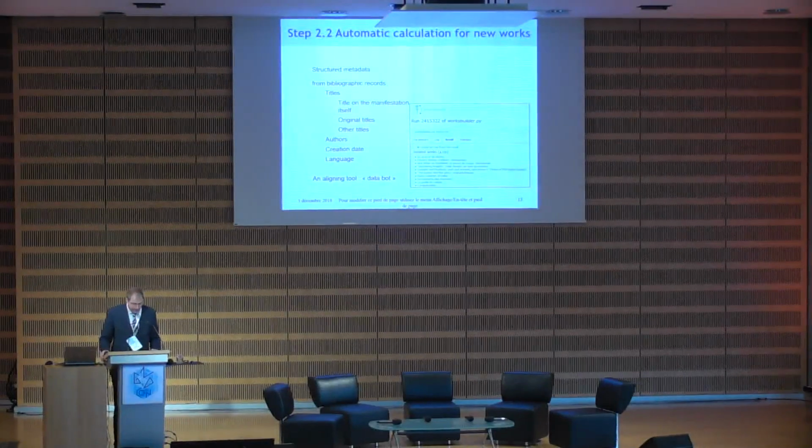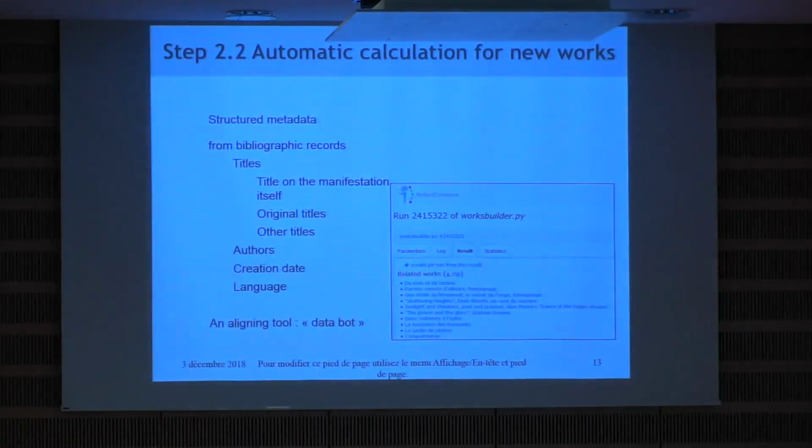To do it, we are extracting data from bibliographic records, such as different forms of titles, I mean title of the manifestation itself, or original titles, or other titles we can find in bibliographic records, and also creation date, languages.